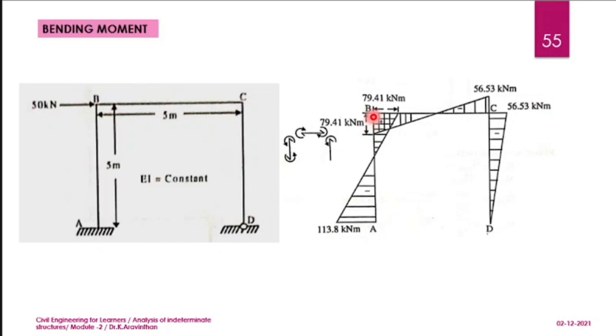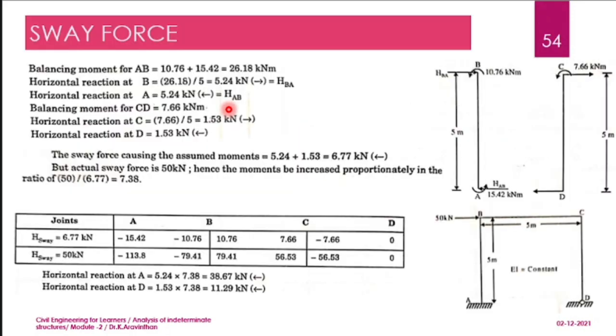How you received this pattern, in the sense both are minus: this is anti-clockwise and this will also be anti-clockwise. So if you twist this column, it will be going to the right hand side and this will be going to the left hand side. Draw the bending moment like this, and at B to C, what is your moment here?